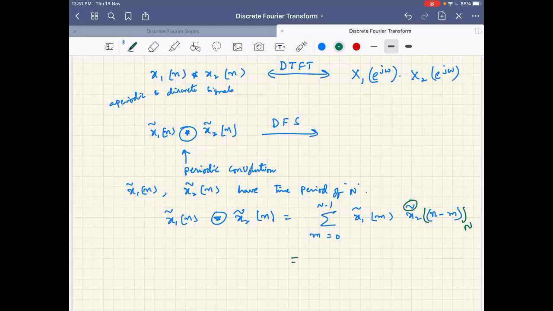Now we can write this for aperiodic discrete signals of duration 0 to n minus 1, each x1 and x2 each with period n.